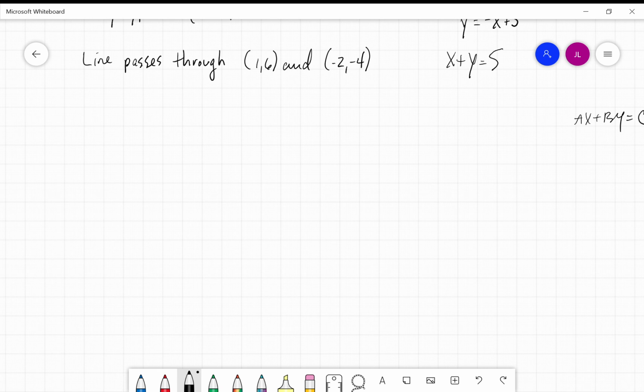So we can use these 2 points to find the slope of the line. Remember, that's the change in y over the change in x, or y sub 2 minus y sub 1 over x sub 2 minus x sub 1. So using the values we have here, we have -4 minus 6 over -2 minus 1. -4 minus 6 is -10. -2 minus 1 is -3.